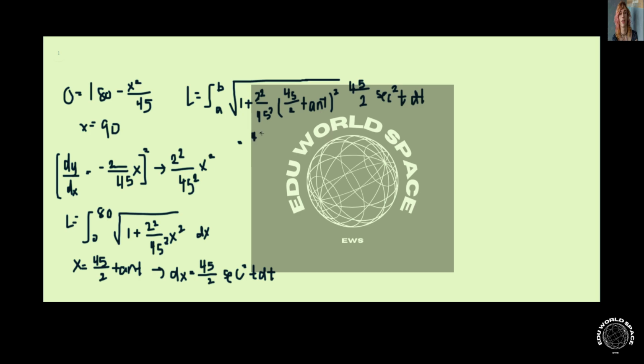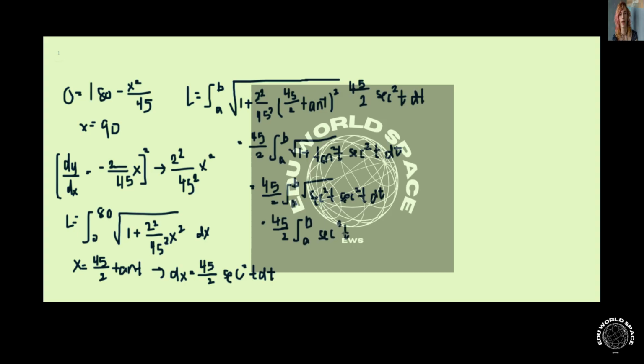And this becomes 45 over 2 integral from A to B of the square root of 1 plus tangent squared, times secant squared t dt, which is equal to 45 over 2 integral from A to B of the square root of secant squared t, times secant squared t dt, which is equal to 45 over 2 integral from A to B of secant cubed t dt.